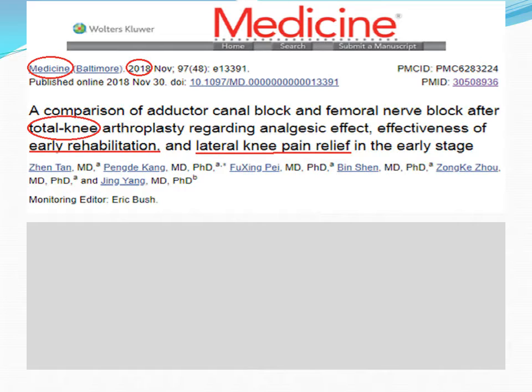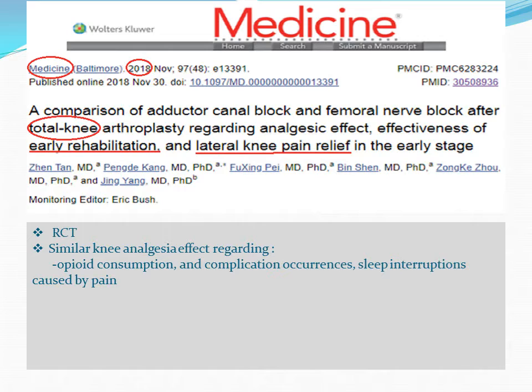Another study in 2018 looked at another aspect in total knee arthroplasty: early rehabilitation and lateral knee pain relief. It is a randomized controlled trial, with similar analgesia for both groups, adductor canal and femoral nerve block. Opioid consumption, complications, sleep interruption caused by pain, all are the same.